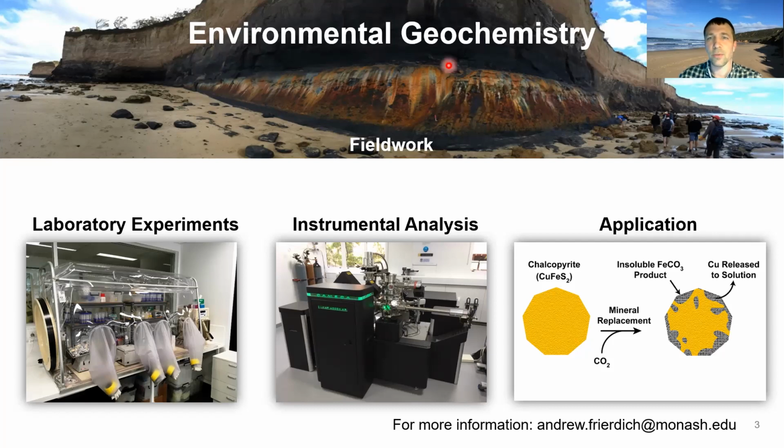In this top image, for example, this is a site just east of Anglesea along the Surf Coast, and this is a really spectacular site. These cliffs here, you can see a human for scale. These massive cliffs consist of organic and sulfur-rich sediment in this dark black layer. These sediments are really cool because they were deposited in a marine basin about 20 million years ago.